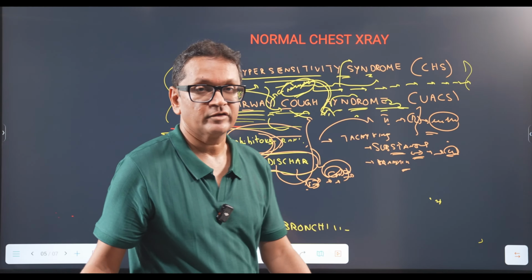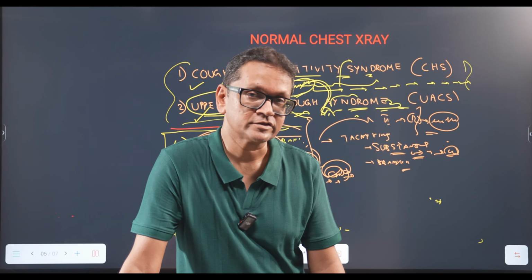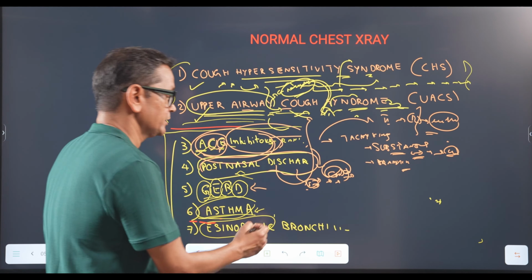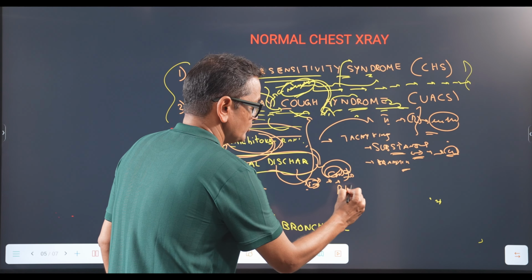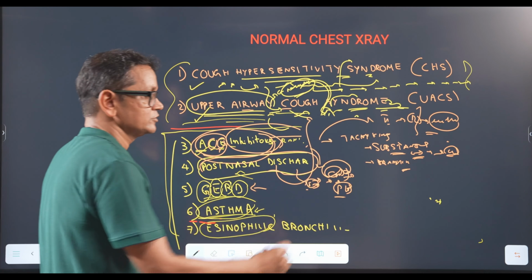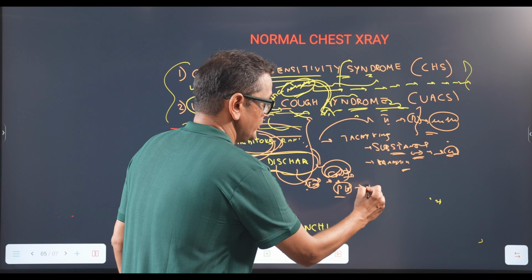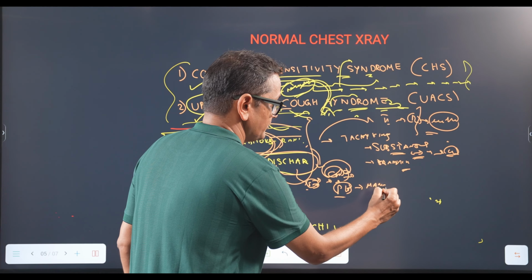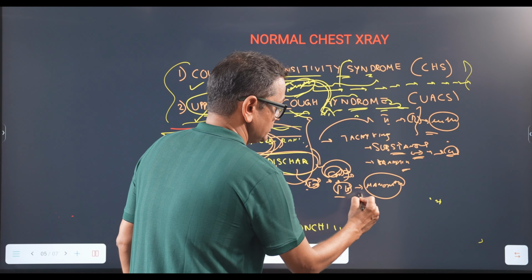It can be acid reflux or non-acid reflux. If we are seriously concerned about any reflux, refer to a medical gastroenterologist. There they will do pH monitoring of the esophagus for 24 hours. In addition, they will do manometry, meaning esophageal pressures.